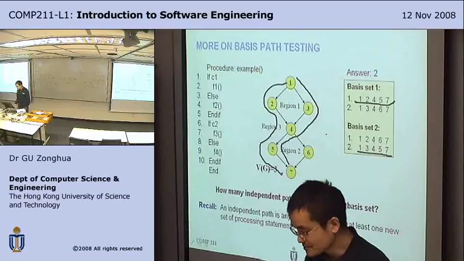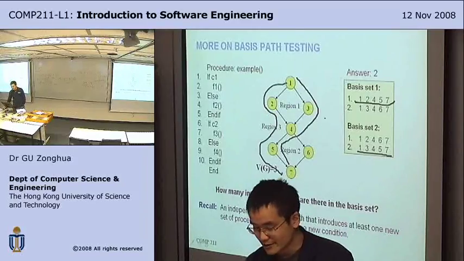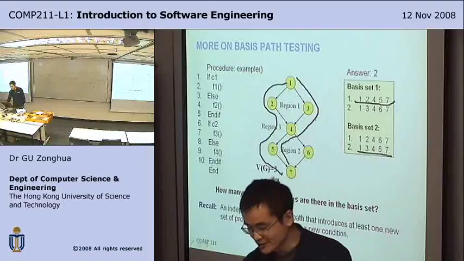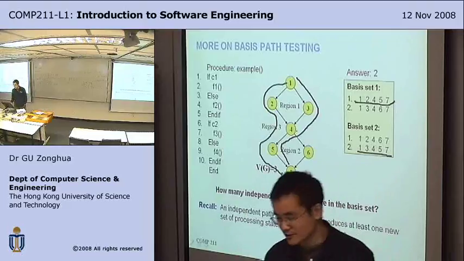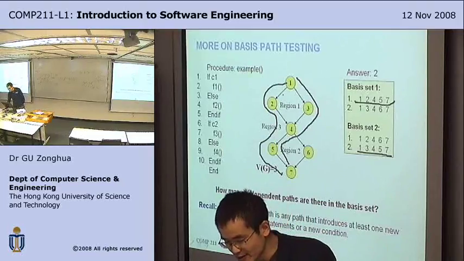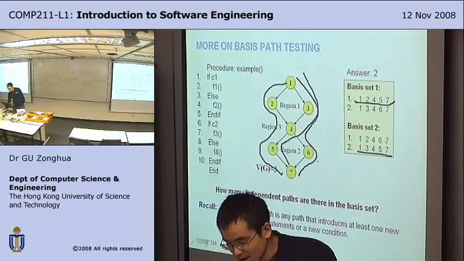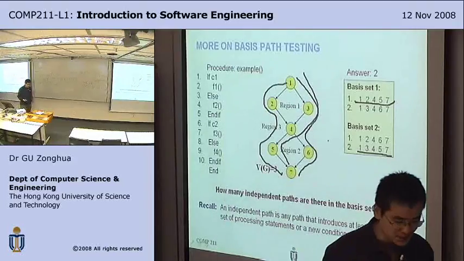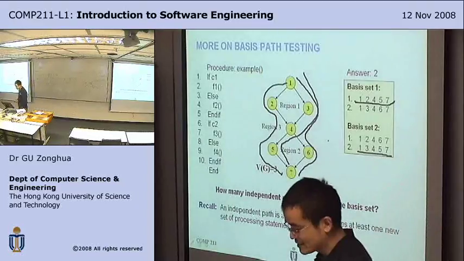That is not a basis set because statement 6 is not covered, and condition 4, one of the branches is not taken. But if you take 1, 2, 4, 5, 7 and 1, 3, 4, 6, 7, then all the condition branches are covered and all the statements are covered. So that's a basis set.